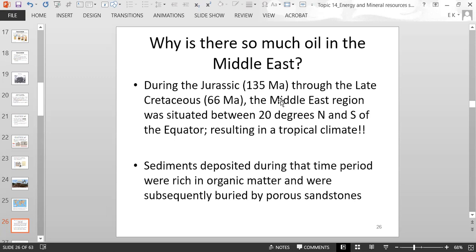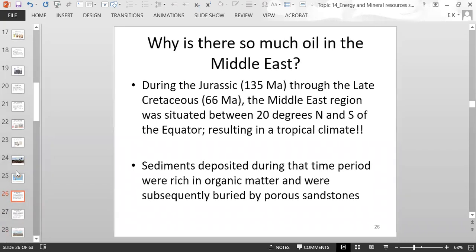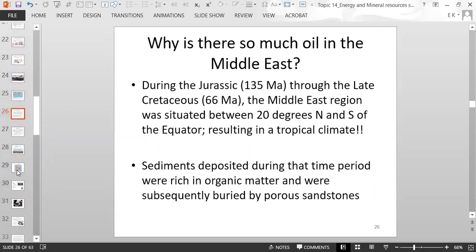So the paleoclimate and the geologic history of the Middle East is what led to the large reserves of hydrocarbons there. So it's just the unique geology of the area.